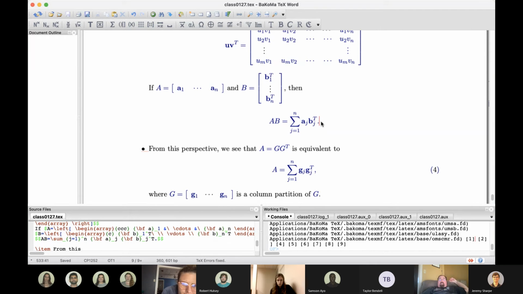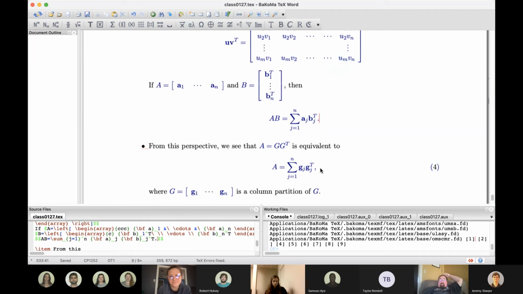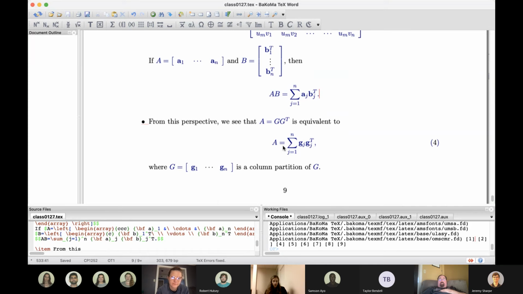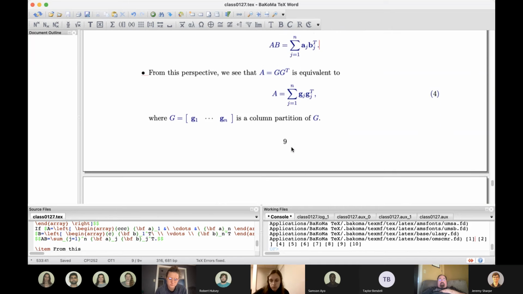So now A is equal to GG transpose. So I can write A as a sum of these same kind of outer products. It's just that the vectors are the same in this case, based on the columns of G, which are also the rows of G transpose. This perspective is used to derive the algorithm for Cholesky decomposition.